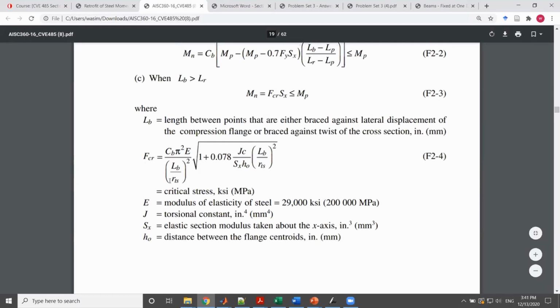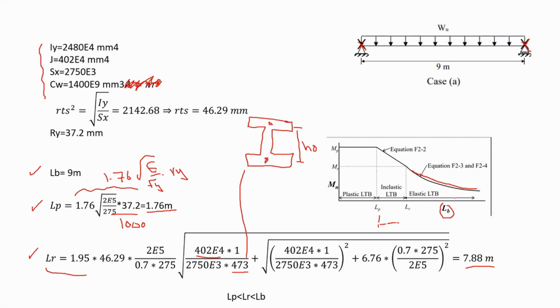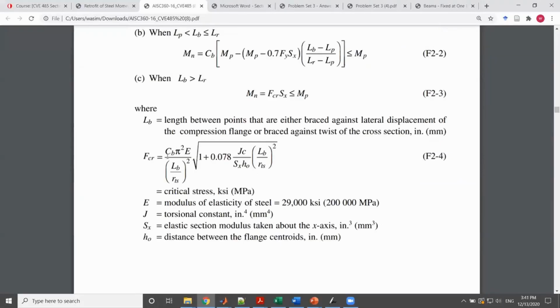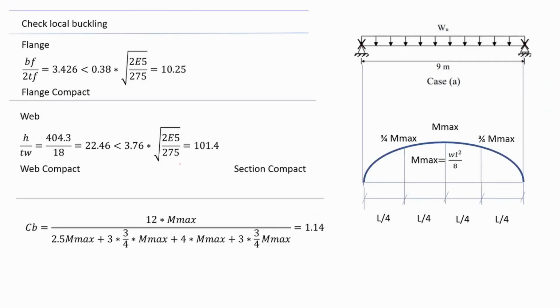So we have to now talk about what? Now we will consider this equation, and now I can talk about the Cb. So before talking about the Cb, if we check the compactness of this section, it seems to be compact since the flanges and the web both are compact.